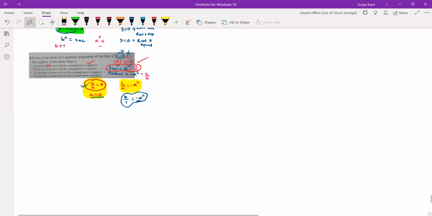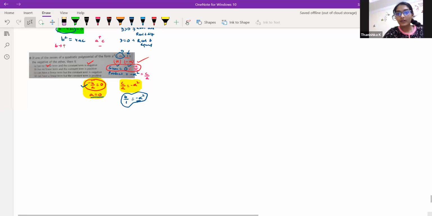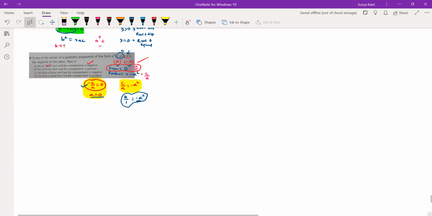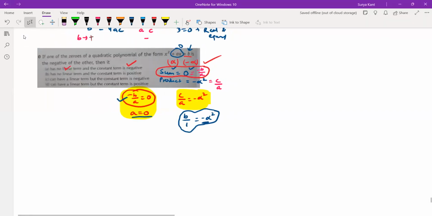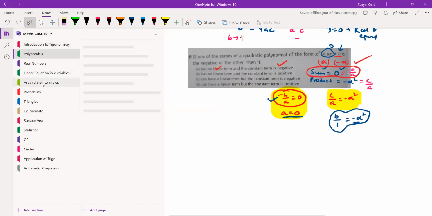Yes, sir. Okay. We have not read this, children, all of this. But whenever we get these types of questions, we always have to find the sum and the product and then try. Sum and product is very useful. Surface area and volumes we have not learned, but we are doing. All of you know the basic concept, right?